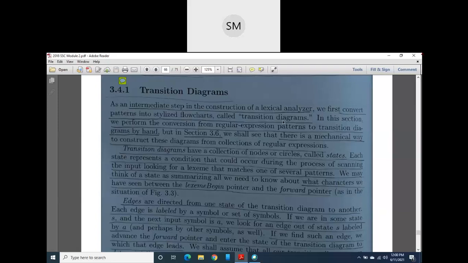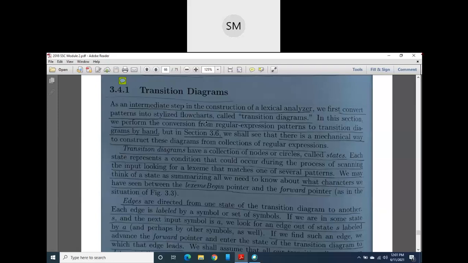Converting the patterns into a stylish flowchart is called a transition diagram. So transition diagrams are nothing but flowcharts for patterns, and generating them is also part of the task of the lexical analyzer.